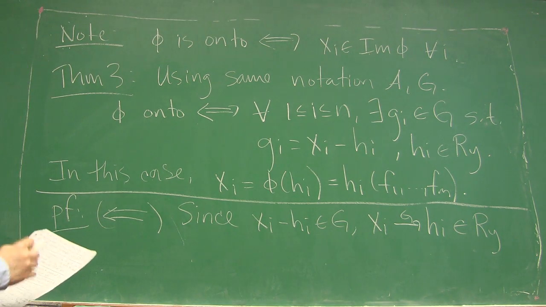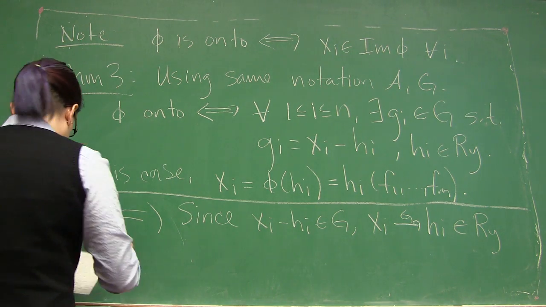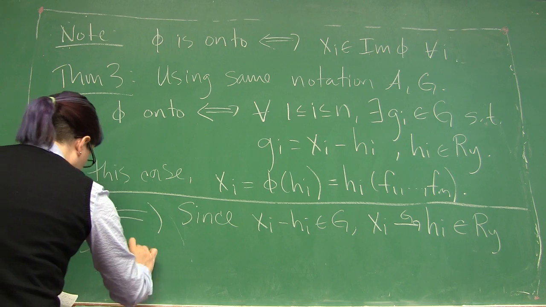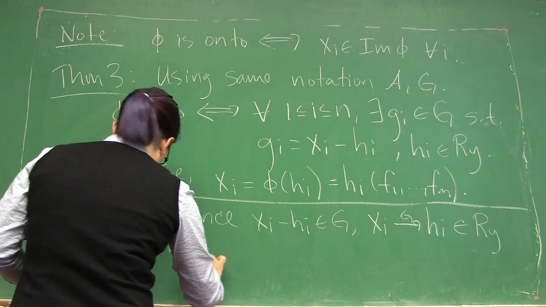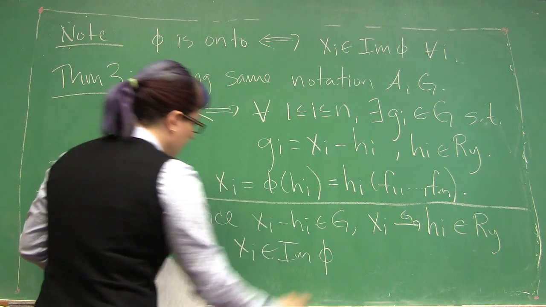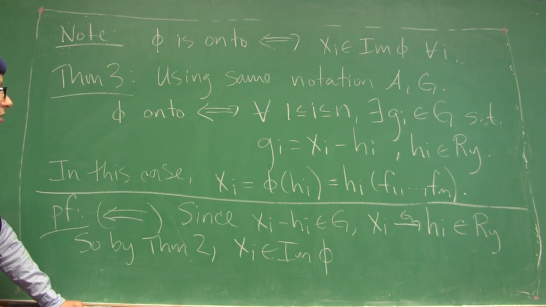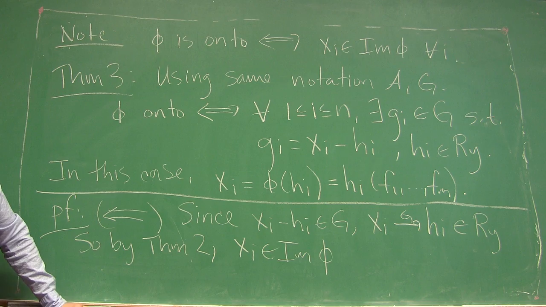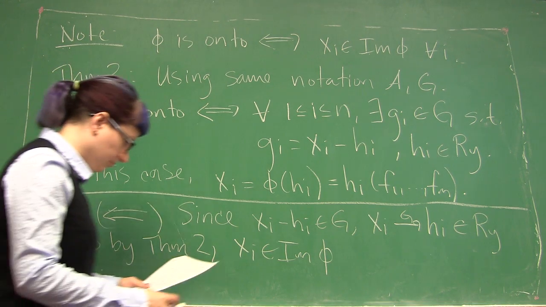So then using our theorem 2, we know that xi is actually in the image of phi. And since i was arbitrary, all of the xi's are in the image of phi, and we have that phi is onto.